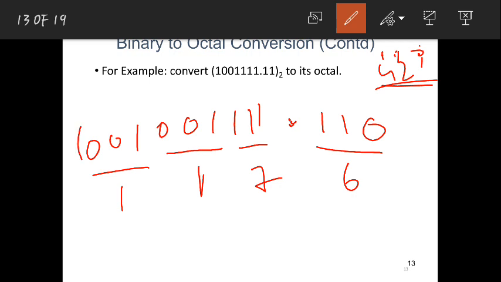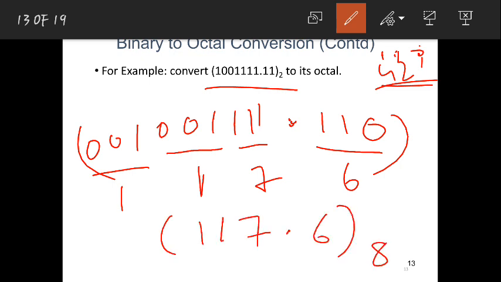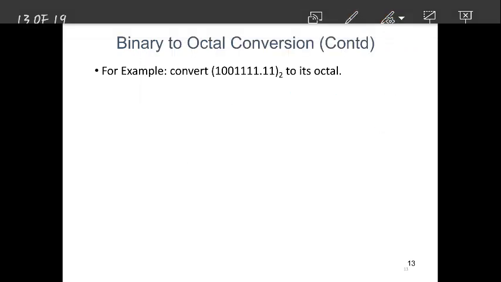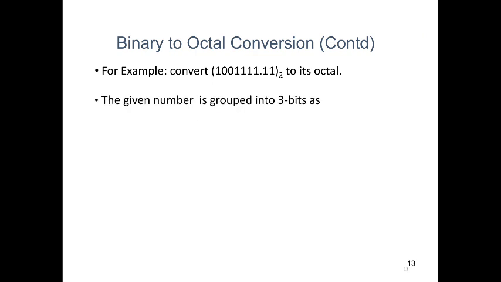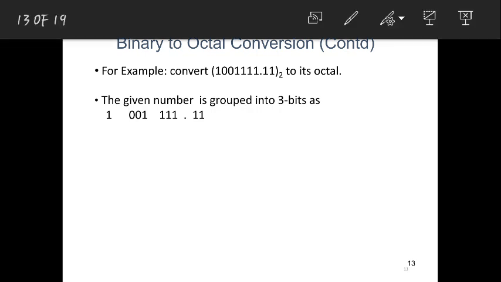So this was the binary number here. When you convert it to octal, you get 117.6 as your octal number. So this is the procedure we need to write. That is what he has given here. The given number is grouped into 3 bits in this way. Here 2 bits I added as 0, here 1 bit I added as 0.